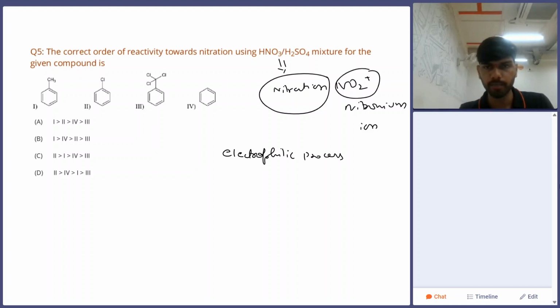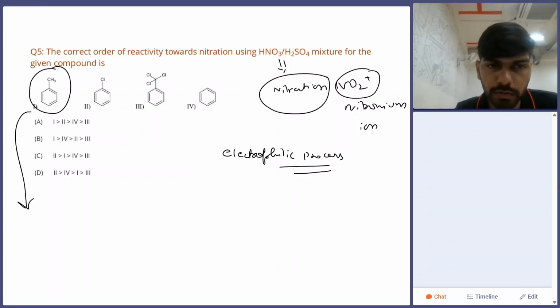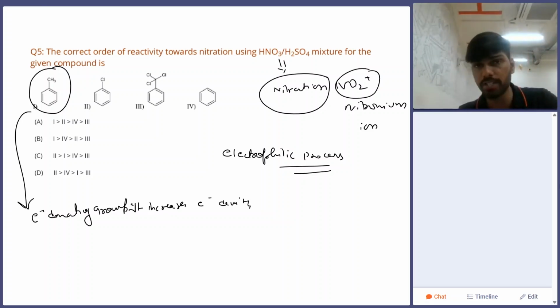During this, if a more electron donating group is present, the rate increases. Here the first one, CH3, is electron donating, so it increases electron density on the benzene.